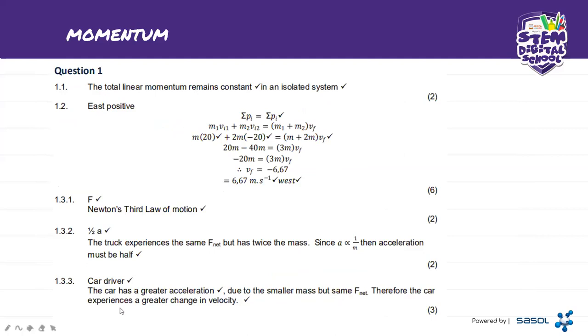The first one is explaining what is asked, and you get 2 marks for explaining how you got that answer, or by motivating your answer. Okay. So because here they said in terms of acceleration, they said the car has a greater acceleration. So that's 1 mark there. And therefore the car experiences a greater change in velocity. Okay.